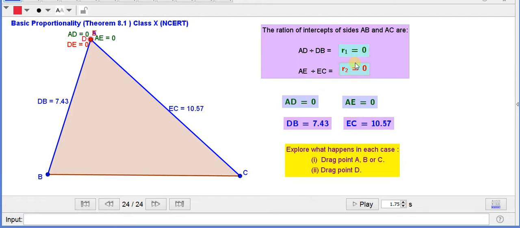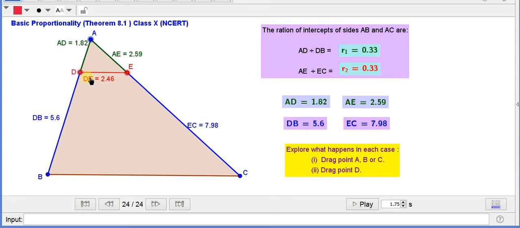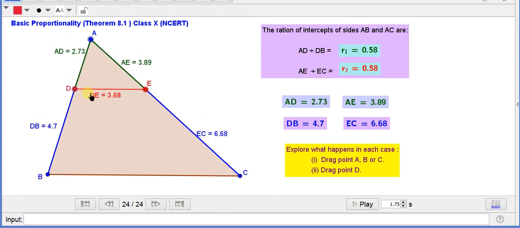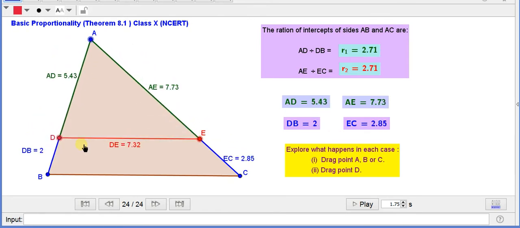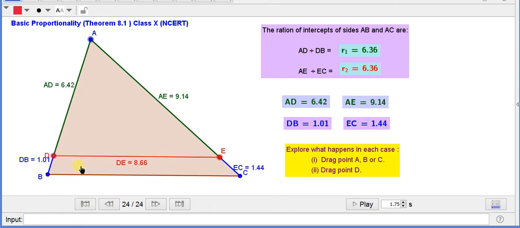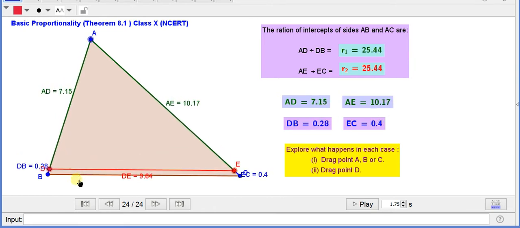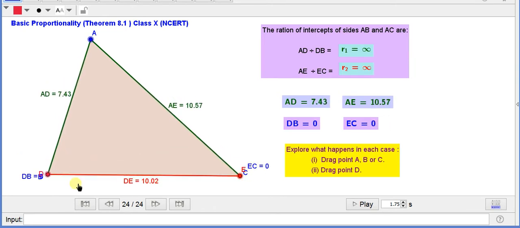Now let us see the other end. I am dragging this point D to point B, meaning B and D are overlapping each other. Now you see here AD is equal to 7.43 and AE is 10.57.